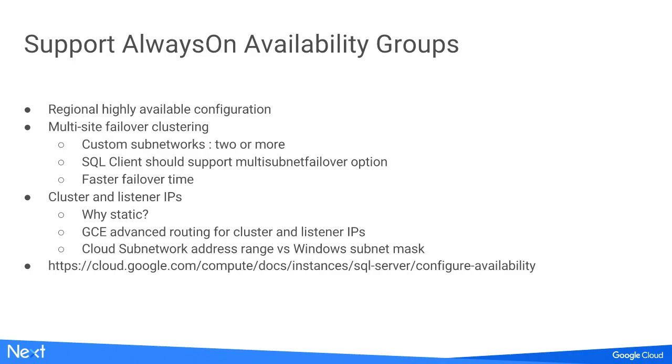That's the option you need to specify. It means on your client side, usually you need to run ADO.NET 4.5 or newer, because this brings us a fast failover time. In our internal testing, we can usually finish the whole failover in 10 to 15 seconds.